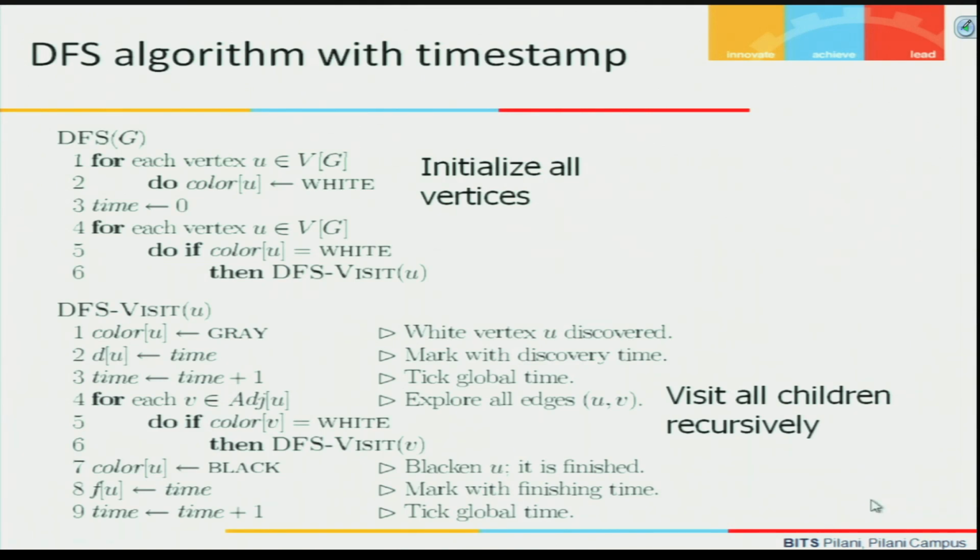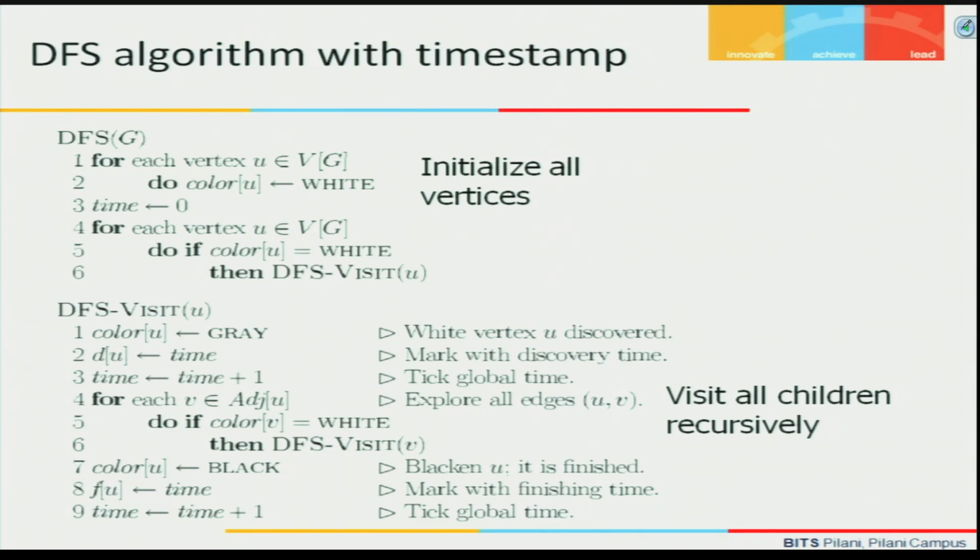As you start visiting, the first time you visit a vertex, you color it gray and update, or increment, the time. Now, for each node in the adjacency list of this vertex, if there is a node which has not been visited earlier, that is white, we will continue our depth first search from that particular node.